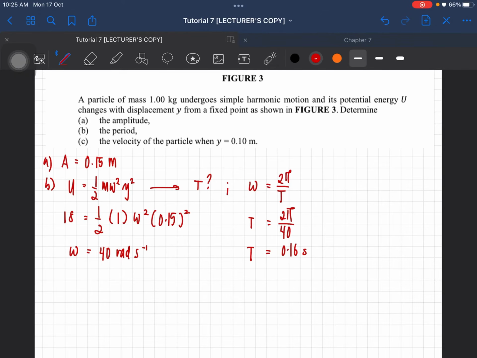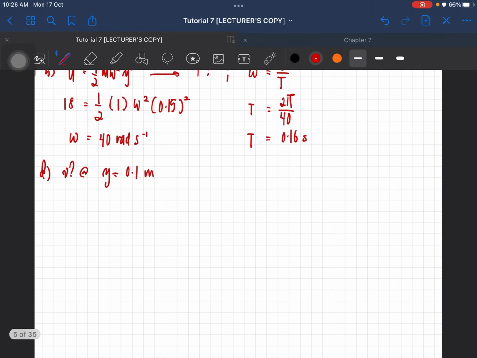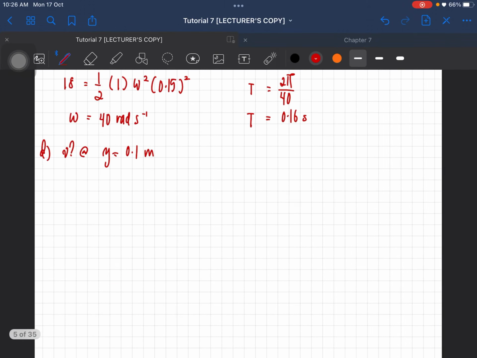Next, we have to calculate the velocity of the particle when y is equal to 0.1 meter. What is the velocity? Alright, so how do we find that one?